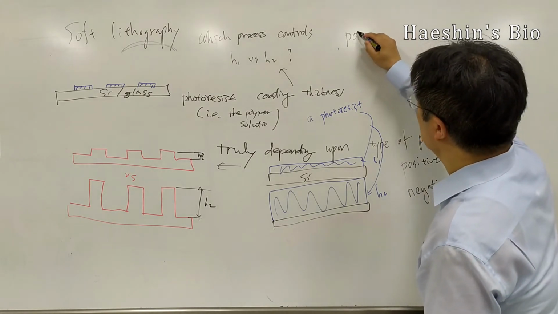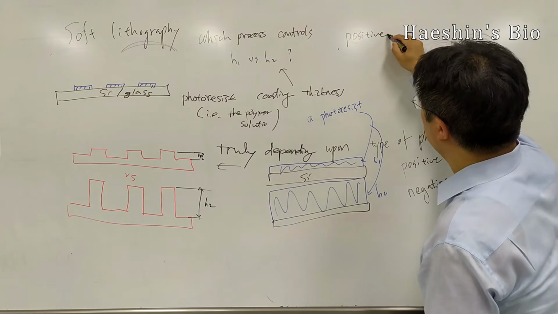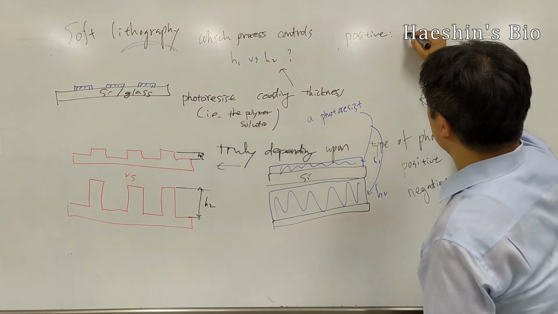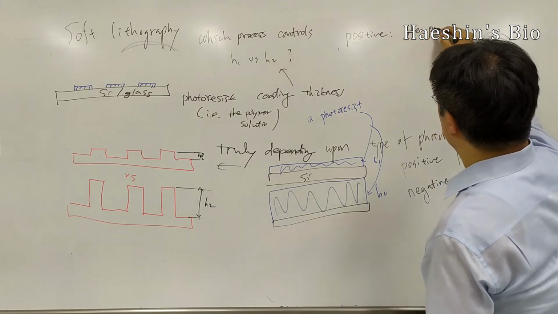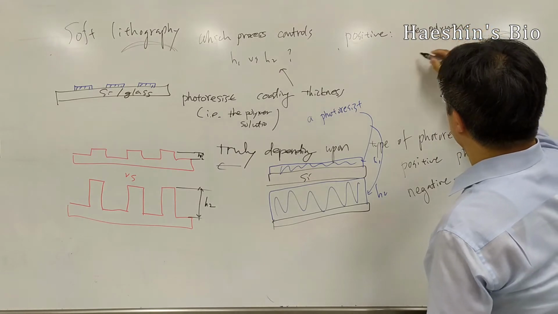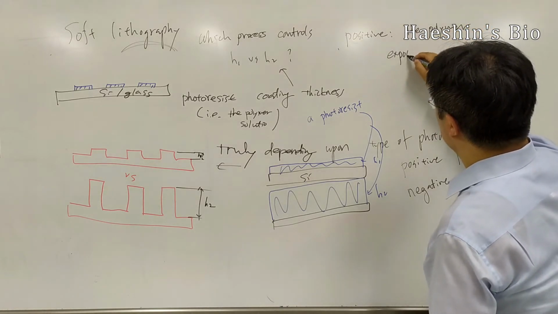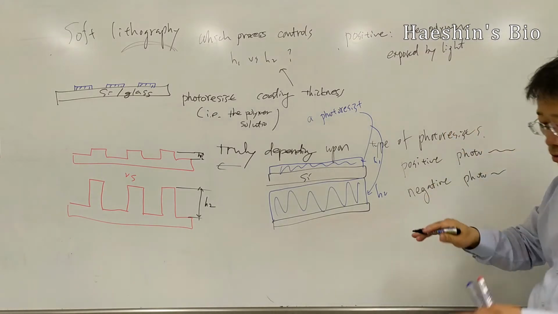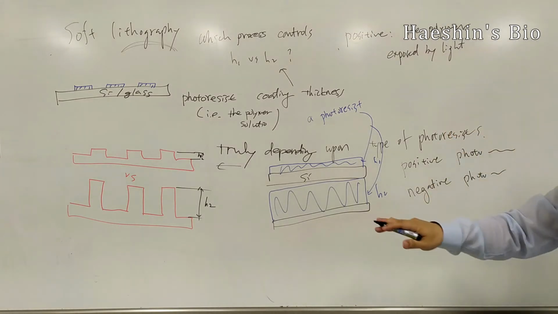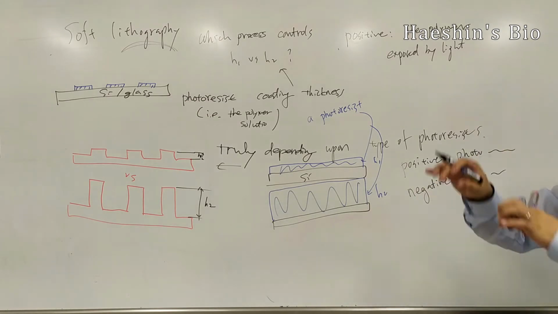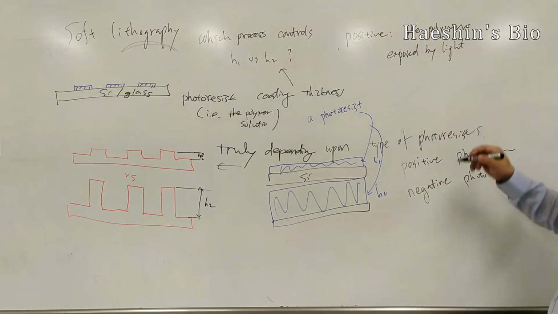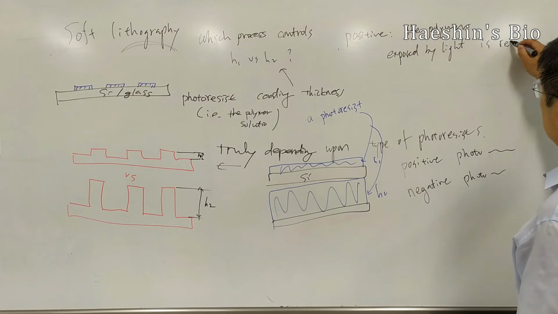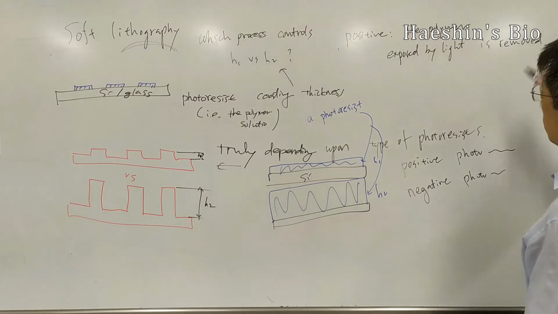So positive means the polymer exposed by light, right? You have a flat layer of the polymer. The part that is illuminated by the light is removed. Right? It makes sense.